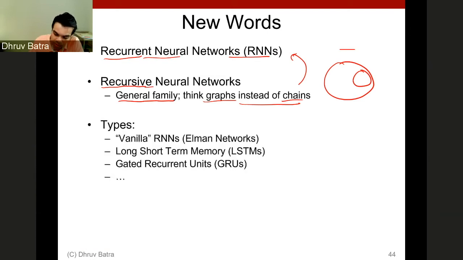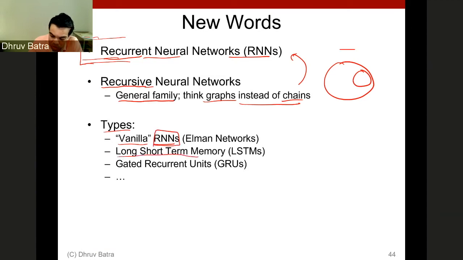And you will, of course, hear certain special cases or types of RNNs. Unfortunately, this field is not very good at coming up with names. RNNs are also a specific instantiation of the broader family. So recurrent neural networks refer both to the broad family of models, but also to a specific instantiation of a model in that model class.